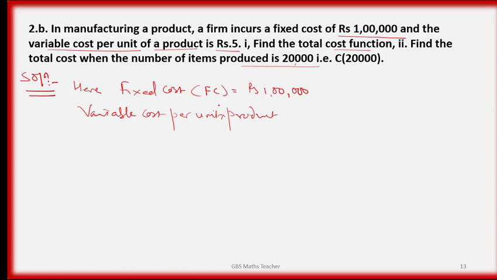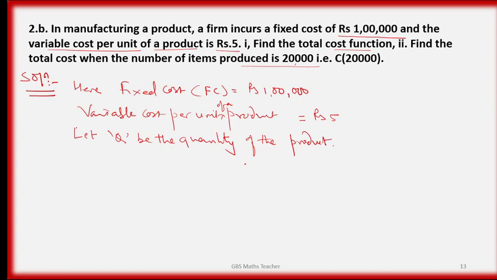Now we have to suppose let Q be the quantity of the product. Q is the quantity of the product. The cost for each Q is RS5.